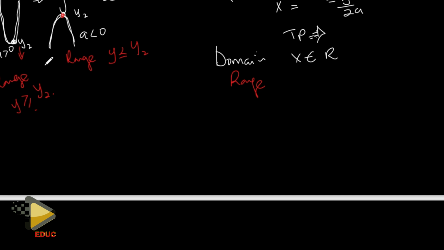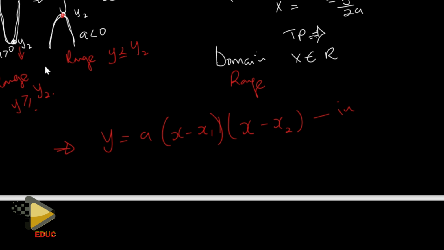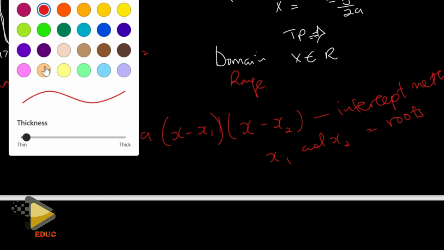Then the second format of a parabola is y is equal to a into x minus x1 into x minus x2. In other words, we have these points. This is known as the intercept method, or the root method, whereby x1 and x2 are basically the roots, the points where the graph is touching the x-axis.